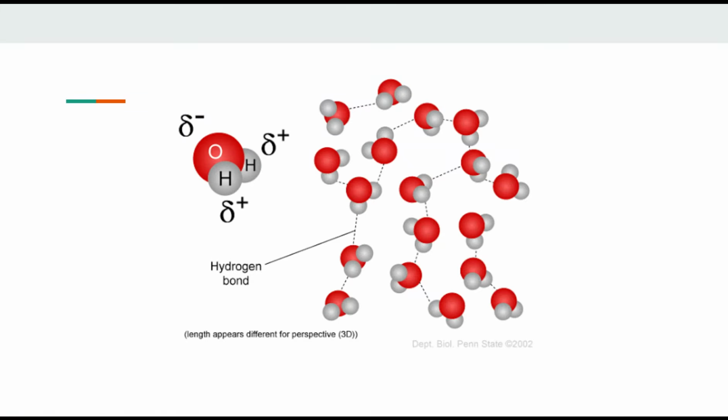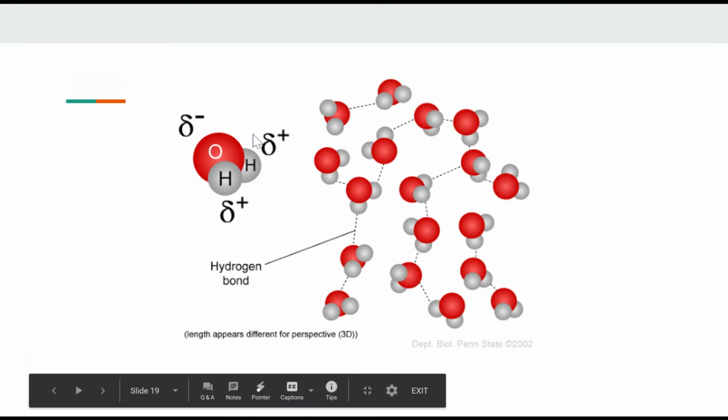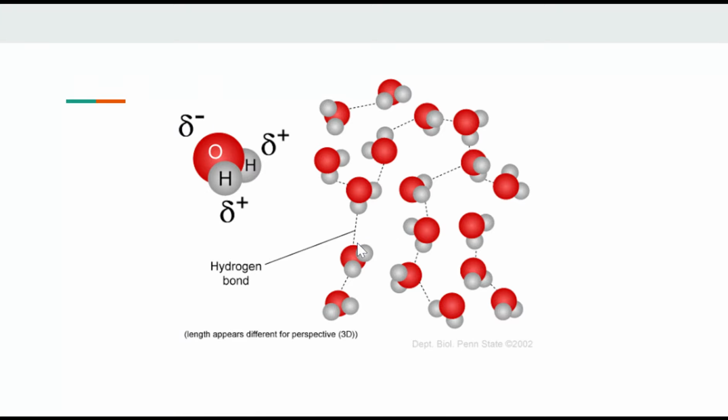Here's another image to just kind of visualize this for you. Water is this polar molecule that is now stuck together. And these hydrogen bonds, it's not like a bond in a molecule, but there is a connection now between all of these water molecules. They have stuck together and there's some sort of form.